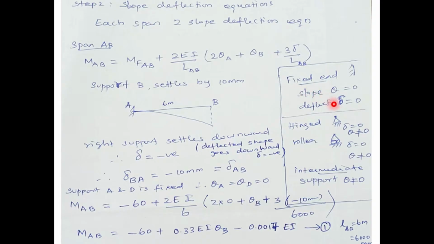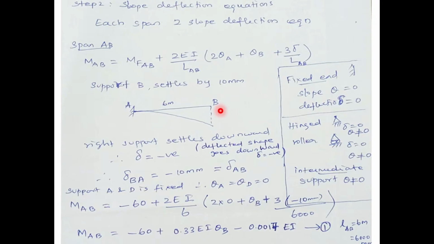For hinged and roller end, slope is not equal to 0, but deflection is 0. Similarly, for the intermediate support also slope is not equal to 0. Here A is the fixed end, extreme end, so slope 0. B is the intermediate support. Therefore, theta B is not equal to 0. That is one of the unknowns.